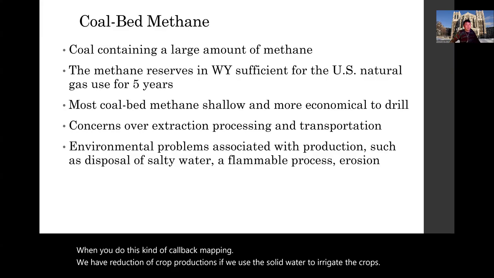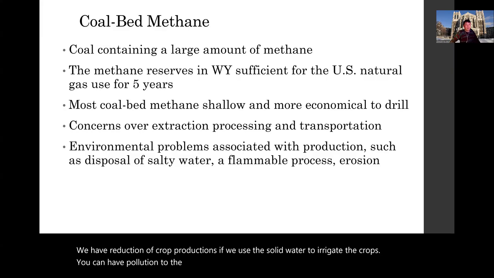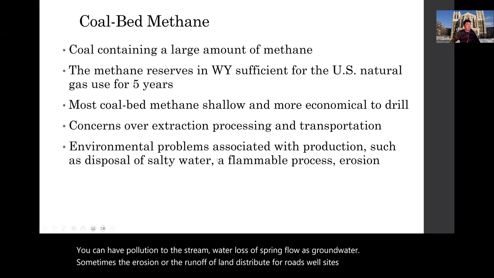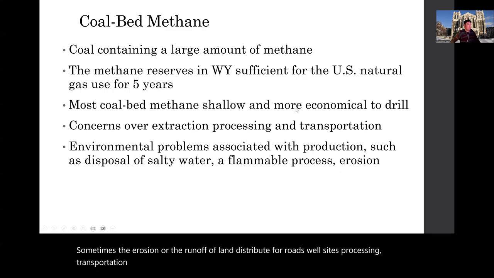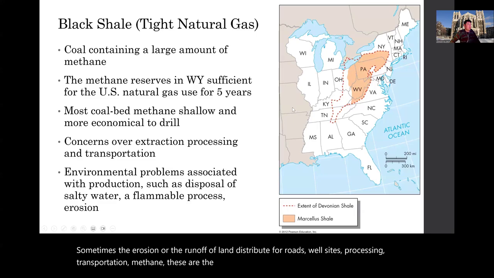It can cause pollution to the stream water, loss of spring flow as groundwater. Sometimes there is erosion or runoff of land disturbed for roads, well sites, processing, transportation of methane. These are some of the problems related to coal bed methane.